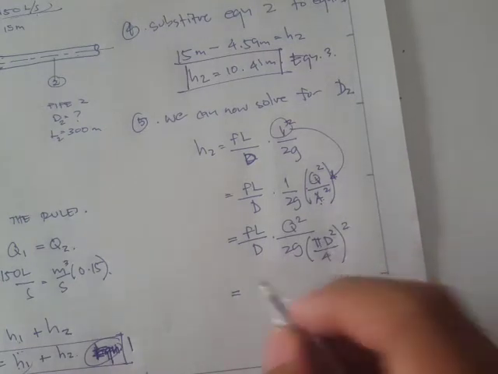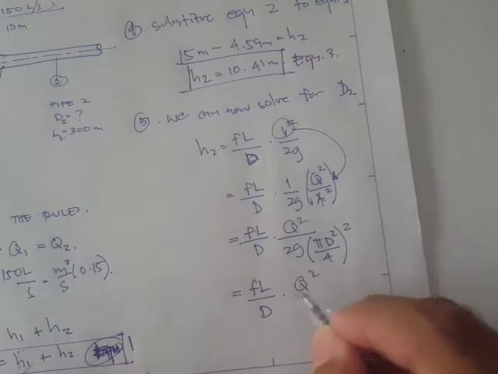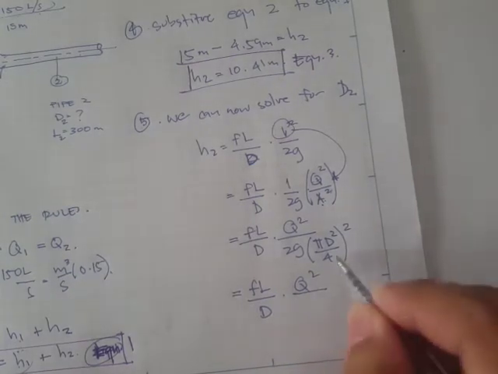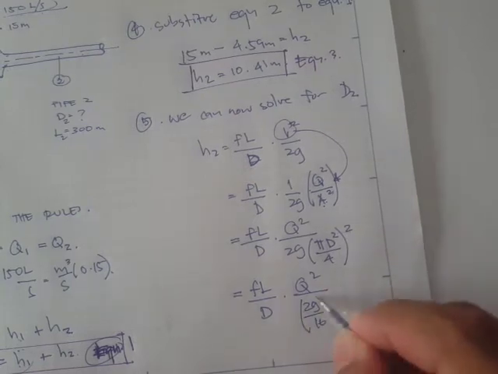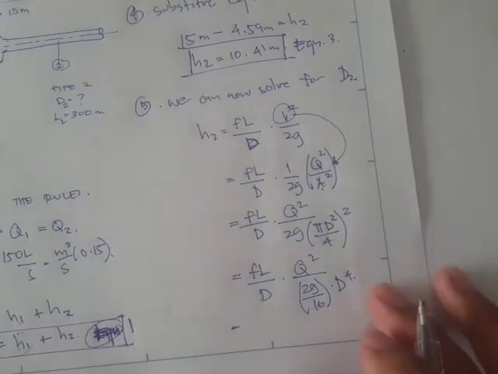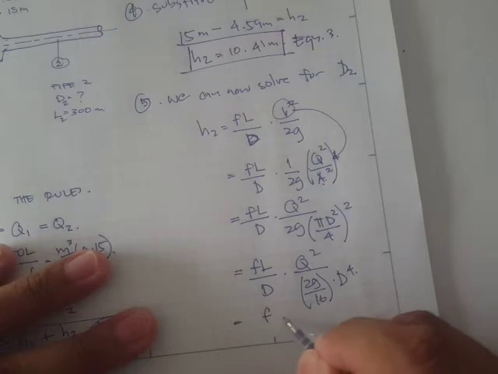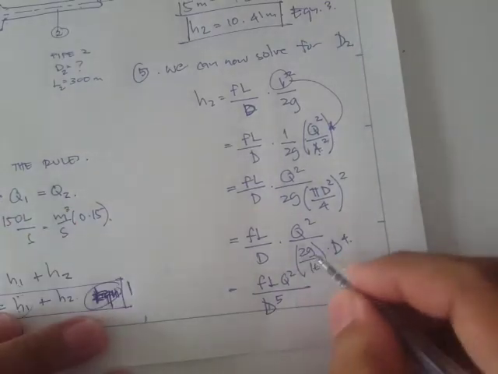Okay, so we'll write it again here. So we have 2g all over, this is 16, right, times D to the fourth, and therefore we can have FLQ squared all over D to the fifth times this constant.